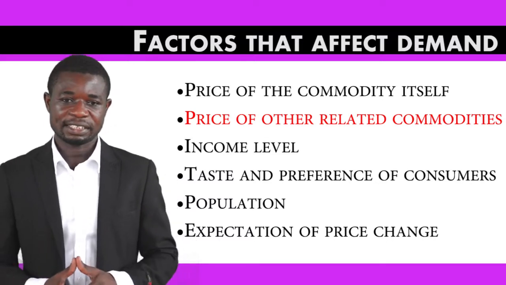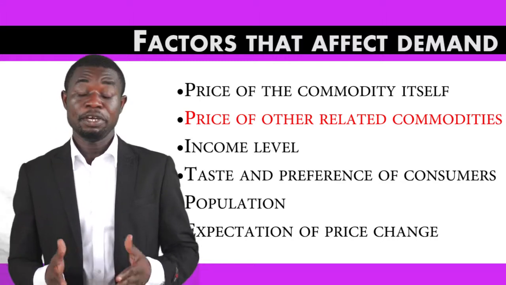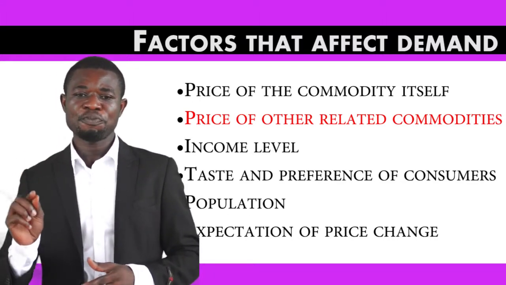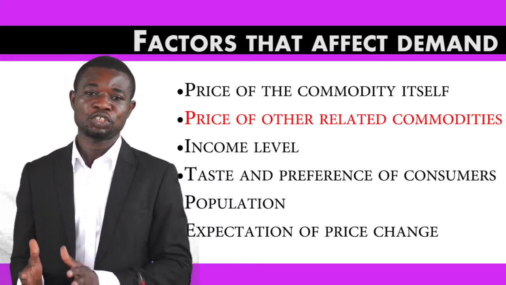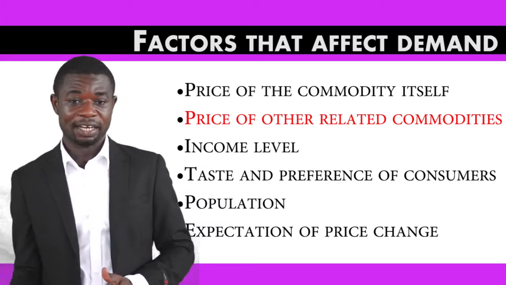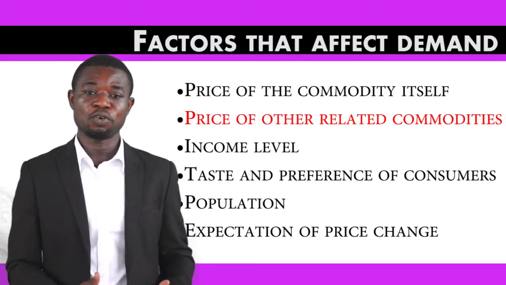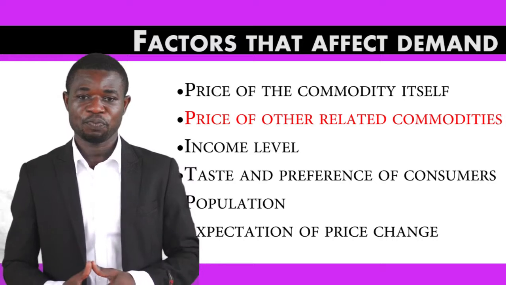Let's take, for instance, if you are currently buying Milo, then it is not the price of Milo alone that will determine how many quantities of Milo you will buy. The price of Bonvita, for instance, can also affect the quantity of Milo that you can buy. Why is it so?